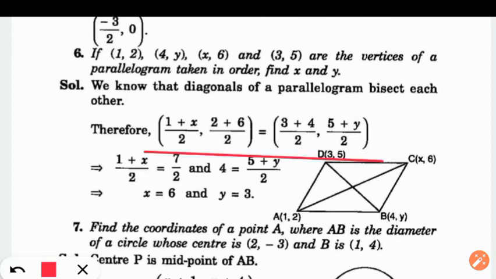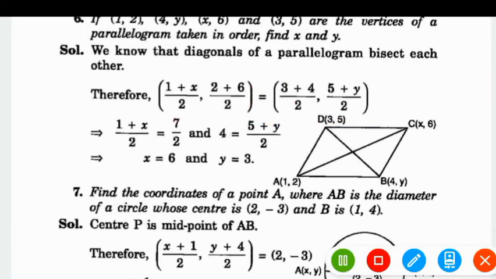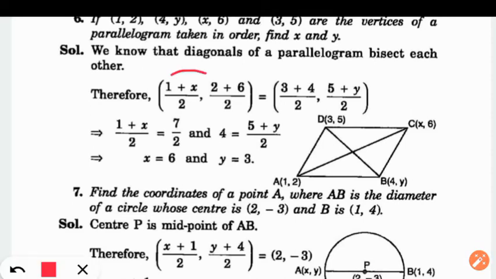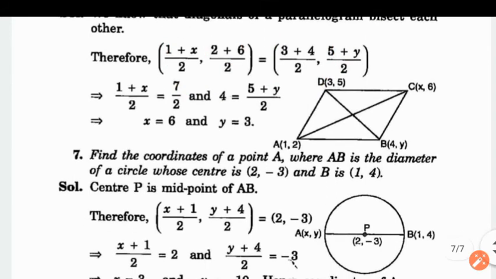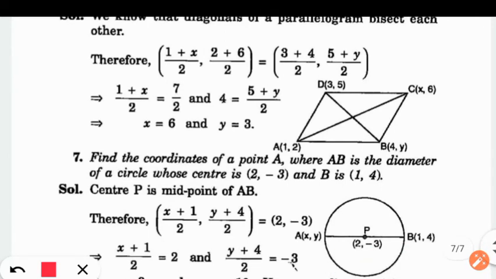So this can be equated with this one and this with this one. After equating, we got x as 6 and y as 3. Hence the result.